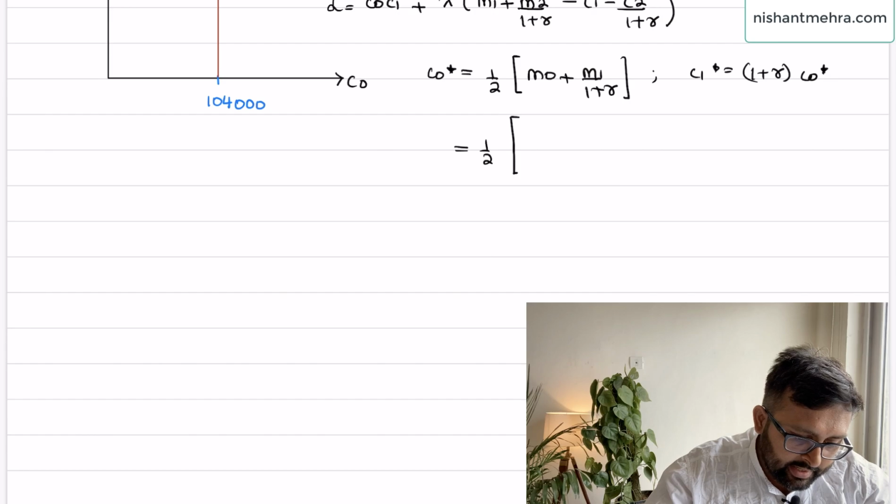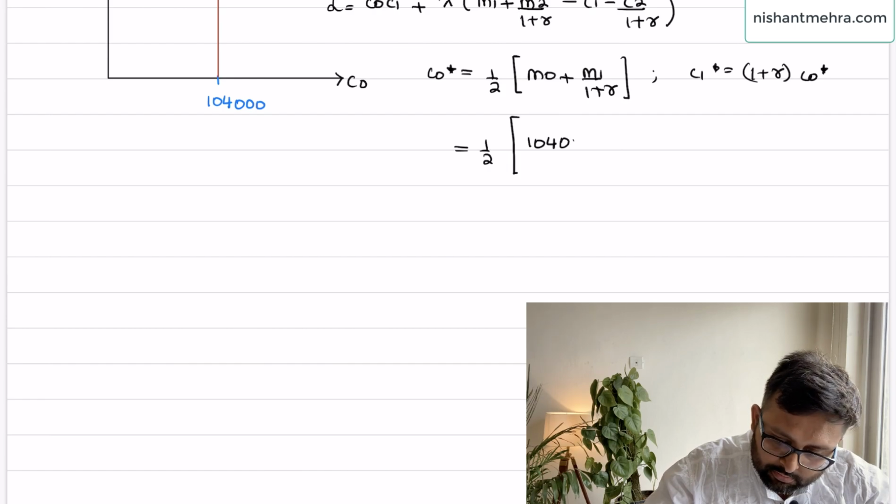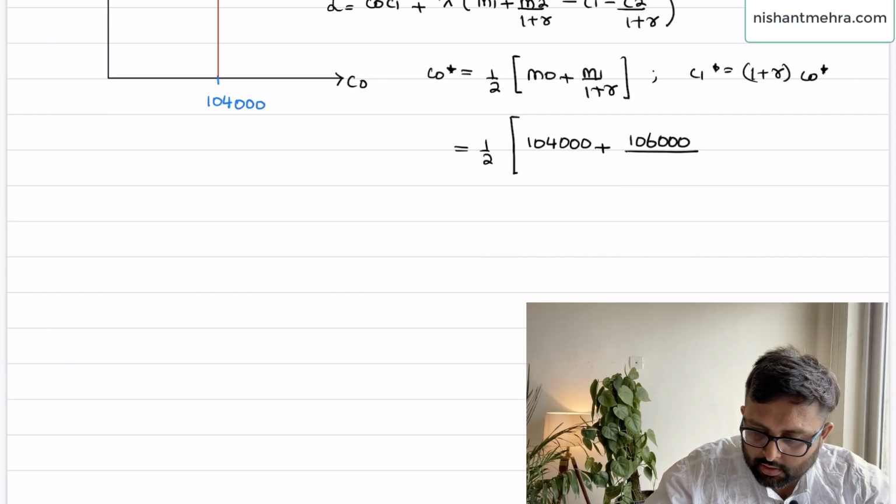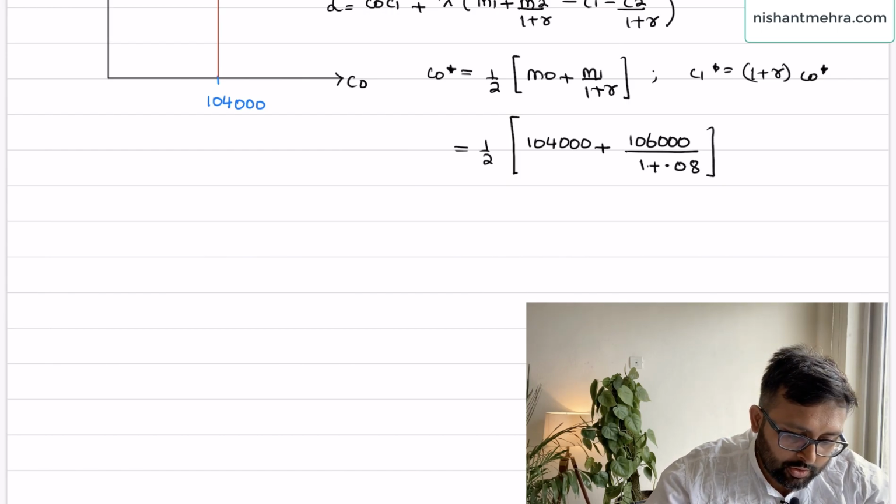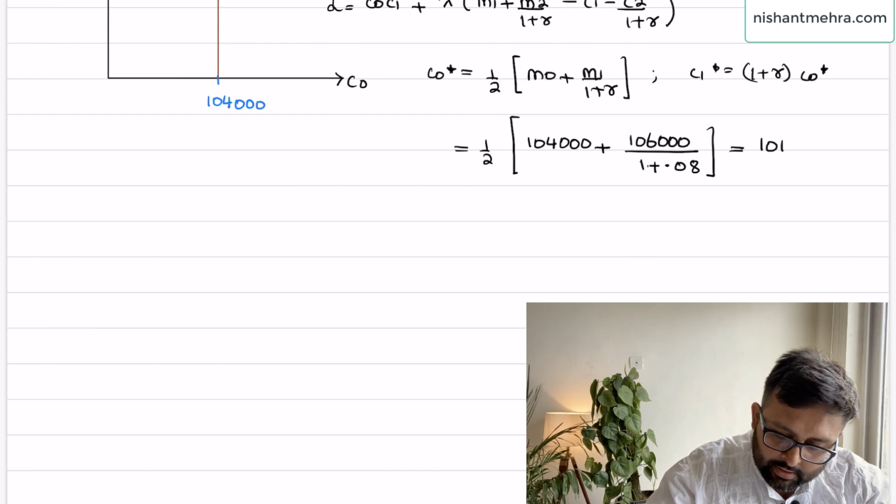Now let me just write that. So this is going to be what? 1,04,000 is m naught. M1 is 1,06,000, whole upon 1 plus 0.08. I'm sure when you solve this, you'll be getting 101,074.